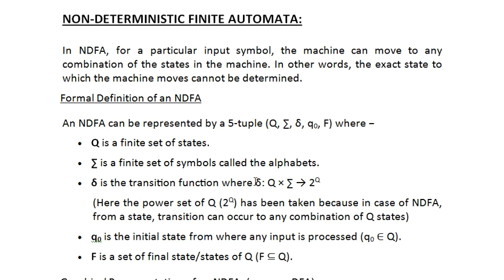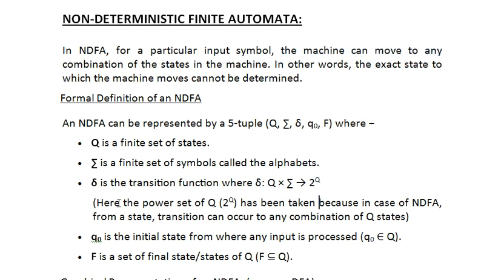This delta is represented as Q times the number of input alphabets, that is the number of states times the number of input alphabets, mapping to 2 to the power Q, 2 to the power number of states. That's why I told you that for a particular input symbol, the machine can move to any combination of the states in the machine, correct?